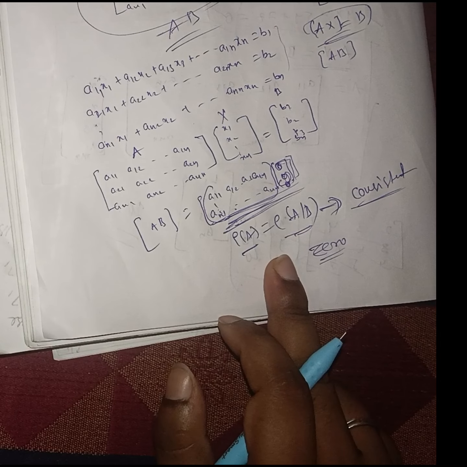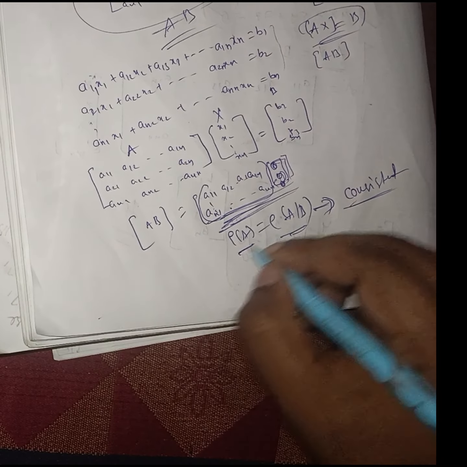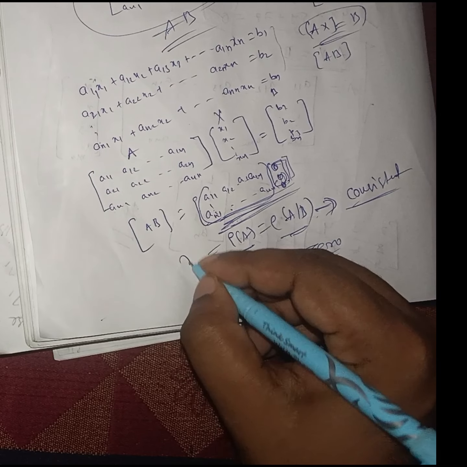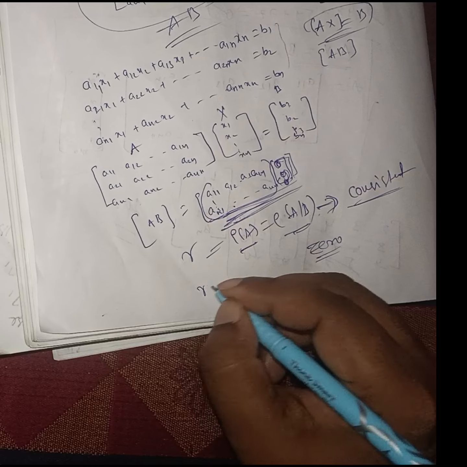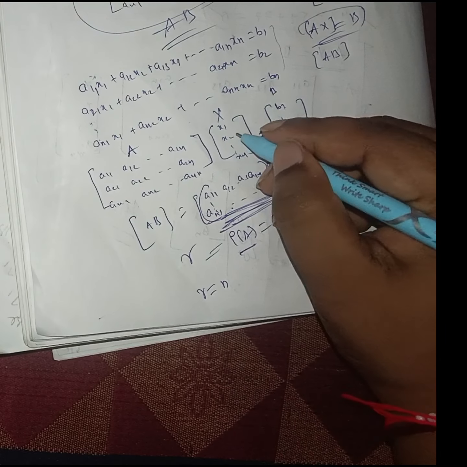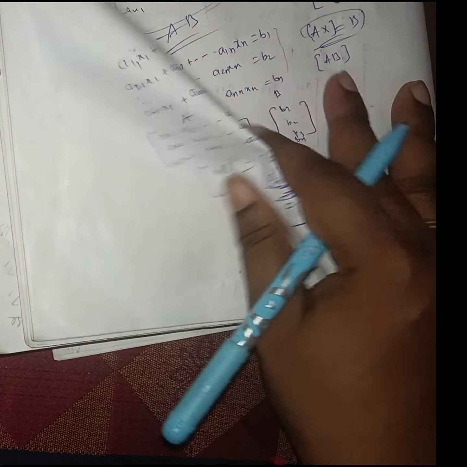For non-homogeneous equations there are two types, because rank of A is equal to rank of AB, which we consider as R. If R is equal to the number of variables, x1, x2, x3, then there are different solutions.